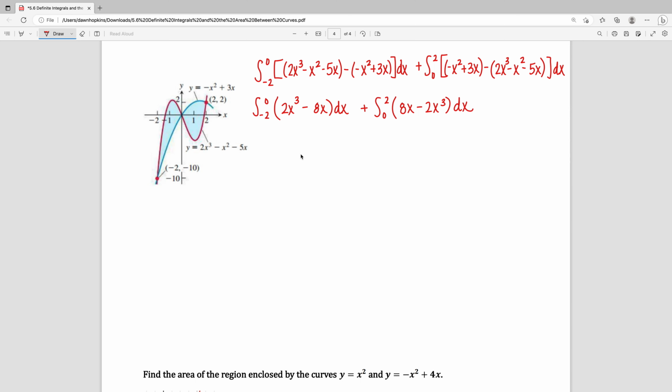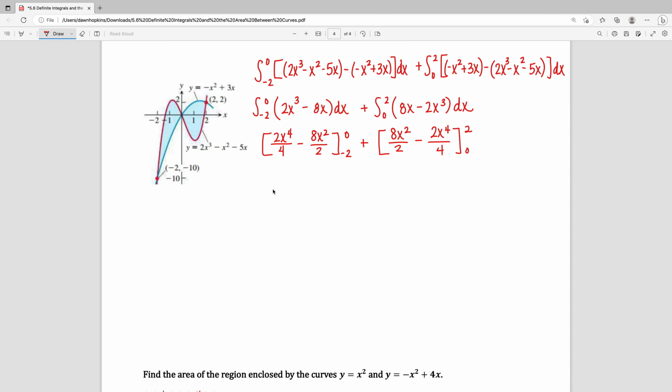So we'll go ahead and integrate both of these. For the first one, it's going to be 2x to the 4th over 4 minus 8x squared over 2. And we're going to look at that from -2 to 0. And then the second one, 8x squared over 2 minus 2x to the 4th over 4.